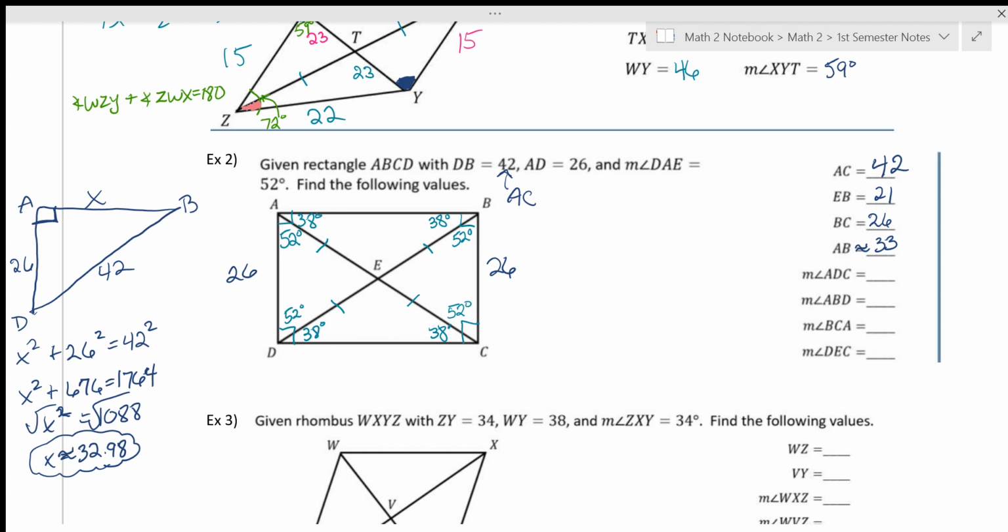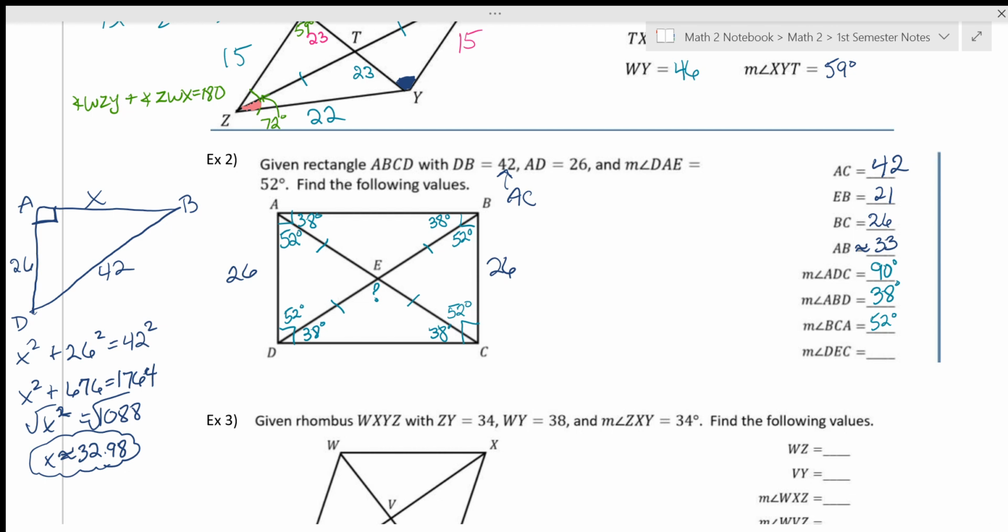So angle ADC is 90. Angle ABD is 38. Angle BCA is 52 degrees. Angle DEC is this angle right here, which we're going to find by adding 38 plus 38 and taking that away from 180 because we have that triangle there.